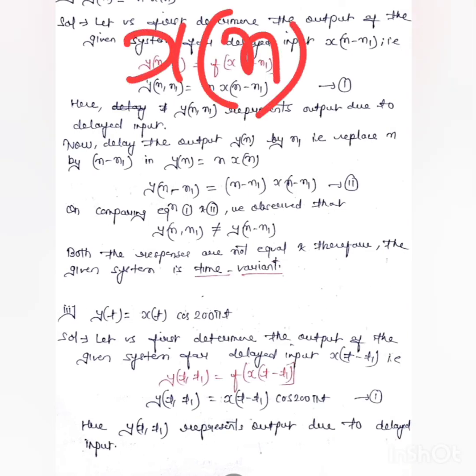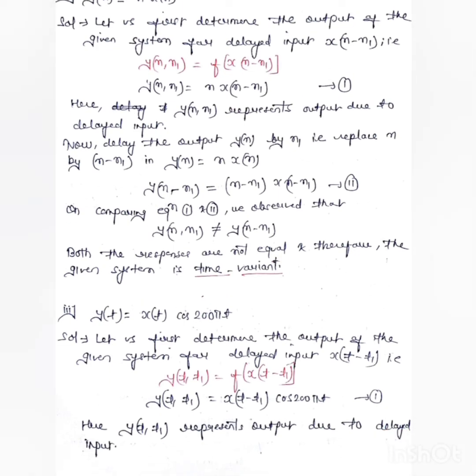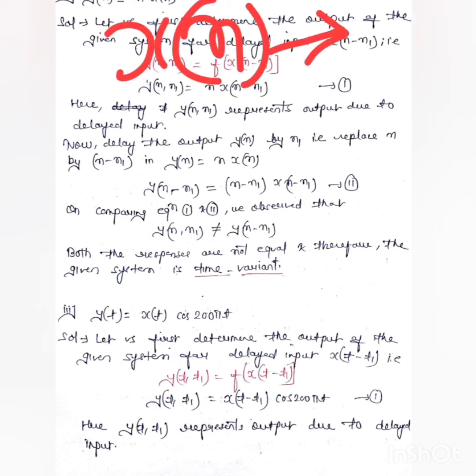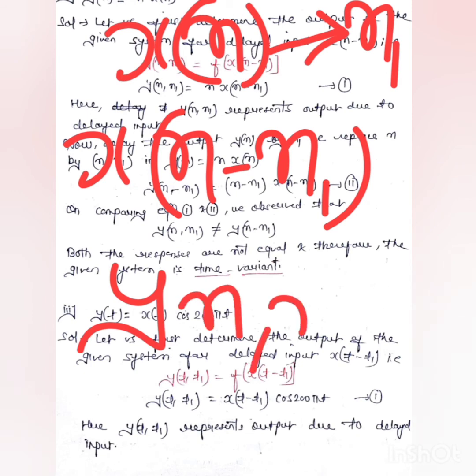When x of n is delayed by n1, we have the expression n minus n1. In this case we have the output like n comma n1.